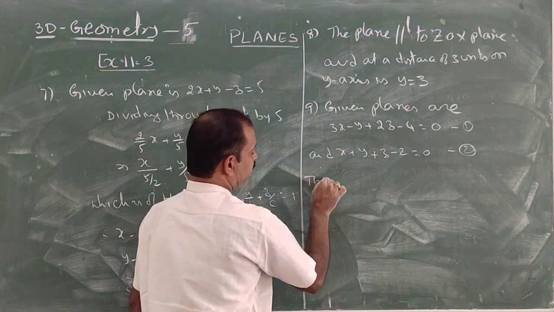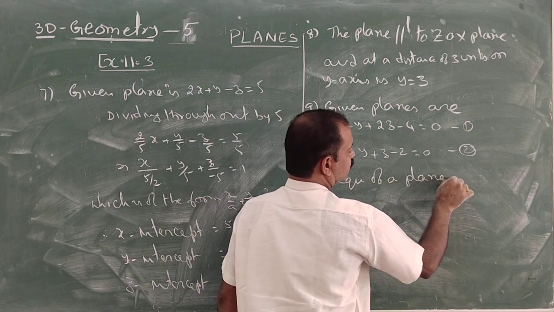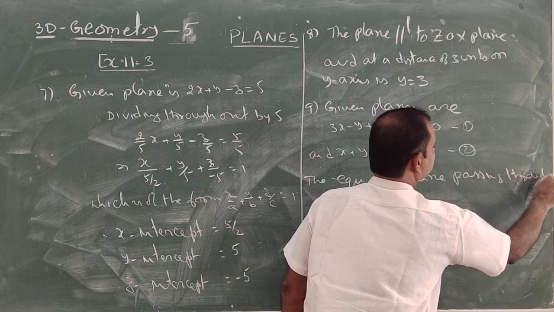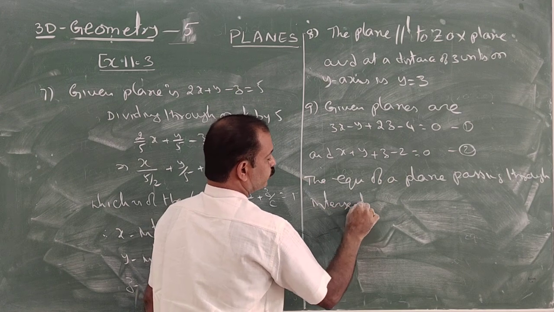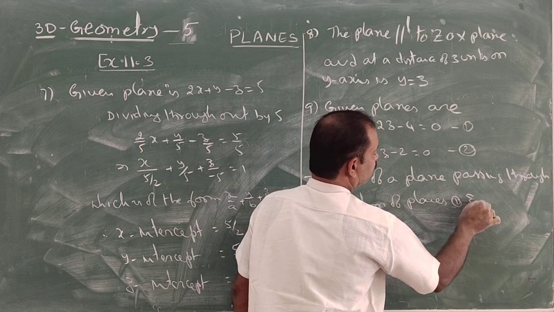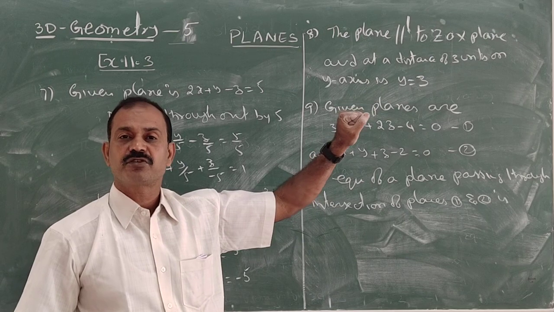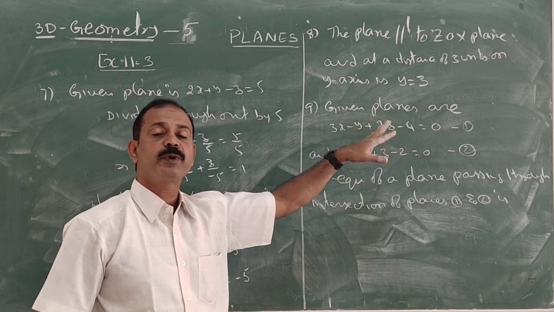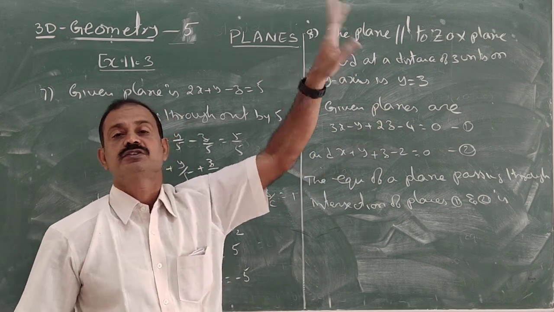The equation of a plane passing through the intersection of planes 1 and 2 is obtained by adding these two planes using a scalar multiple, that is, plane 1 plus lambda times plane 2 equals 0.